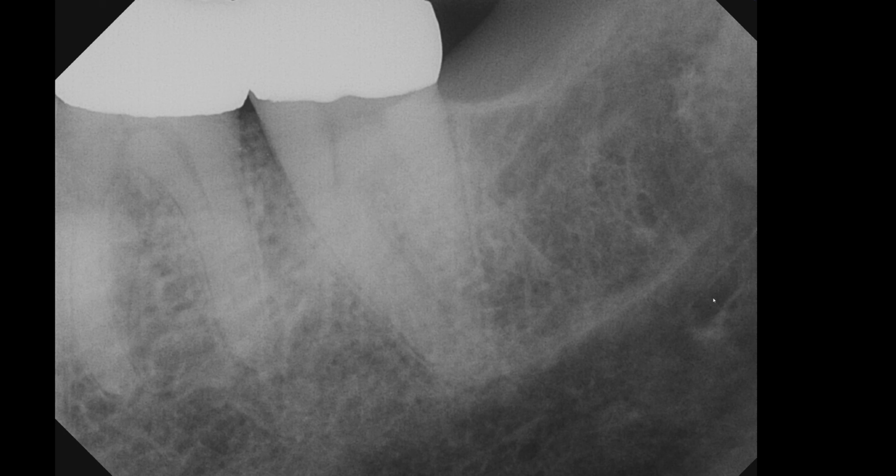Here's the submandibular gland fossa, and in this area you can see a very thinly corrugated outline that's relatively straight, and that's the mandibular canal corrugation.